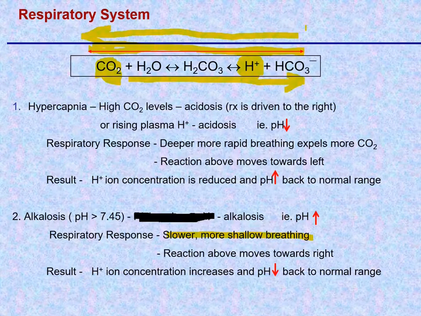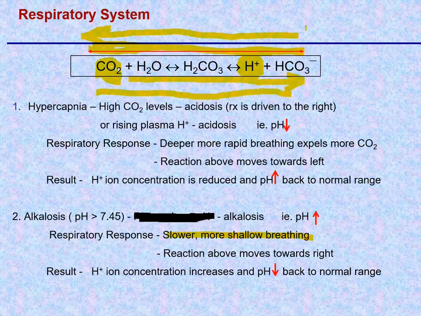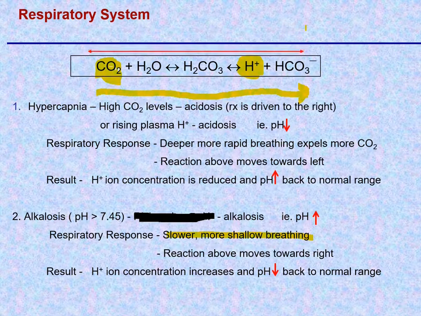Because the person is breathing slower and shallower, you have an increased level of CO2 as it builds up in concentration, which drives the reaction more to the right, causing a rise in hydrogen ion concentration, and that causes the pH to drop.